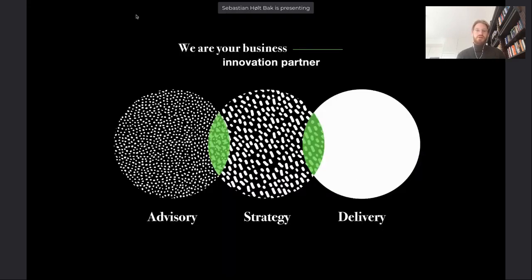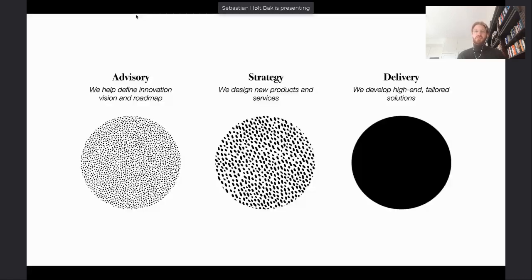Well, at a glance, our proposition goes from high-level advisory to design-led strategy to delivery in a cyclical manner, depending on the type of challenge we're facing. End-to-end for us then means that we're part of everything from early exploration and resource to initiating innovation processes to, in the end, delivery, where we combine design, lean, and agile working methods to develop digital products and services.